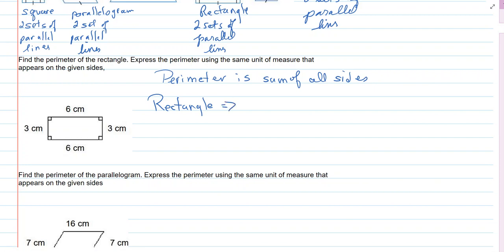We can state that the perimeter is twice the length plus twice the width. So I'm going to have, and it doesn't matter which is which, 2 times 6 plus 2 times 3. This gives me 12 and 6. So I get 18, and then we have to state the units, centimeters, linear.